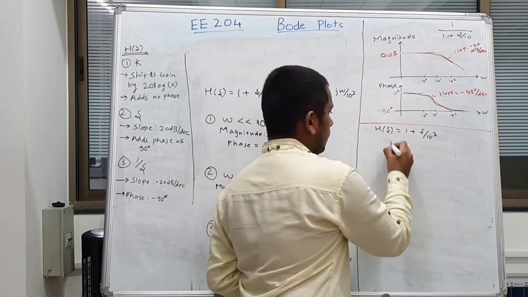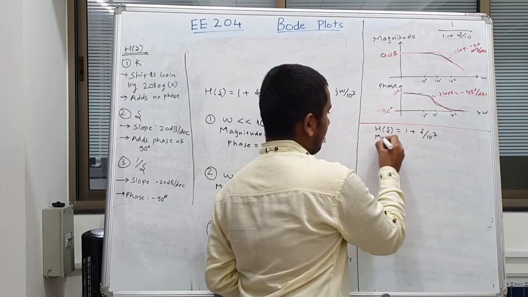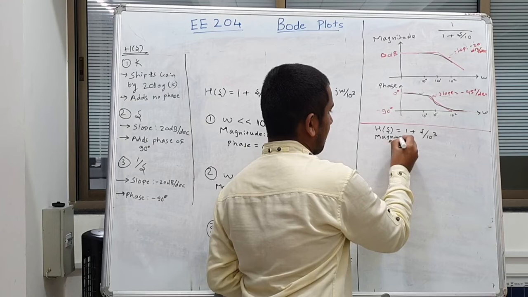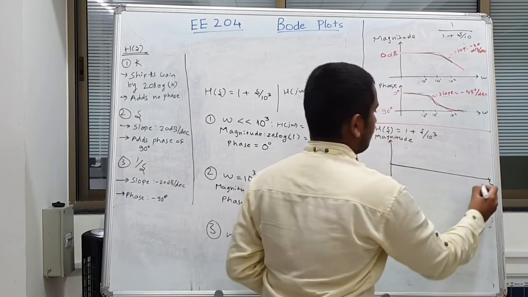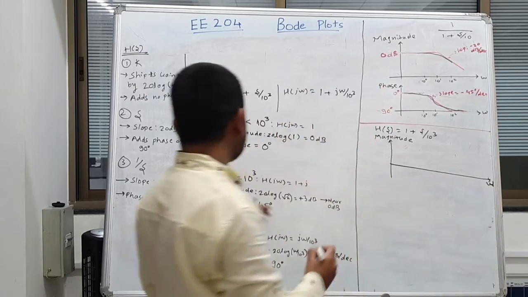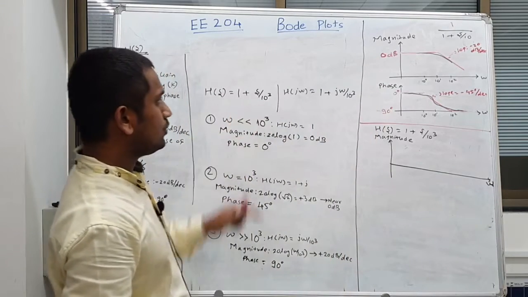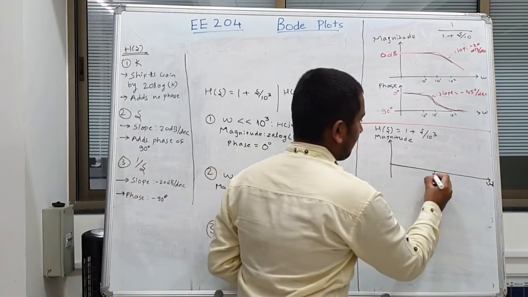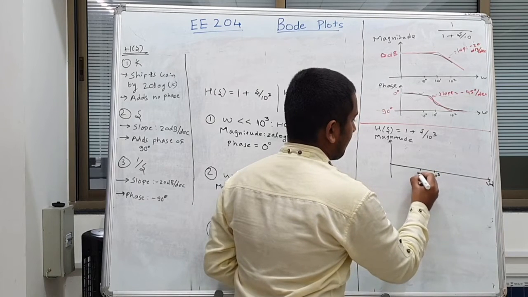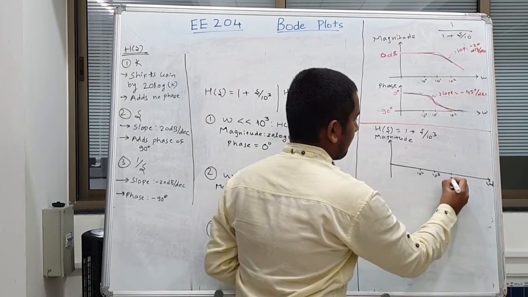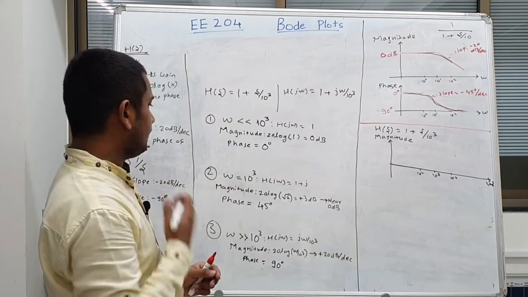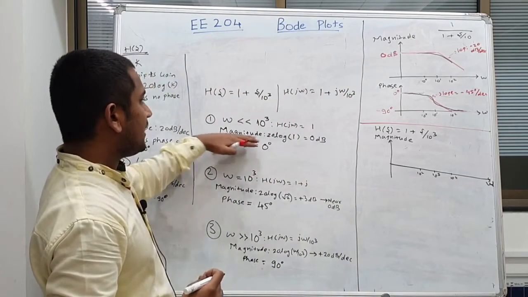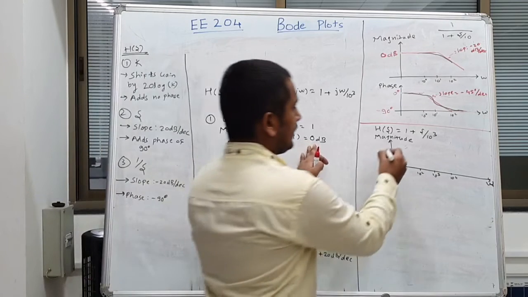The magnitude plot with frequencies near 10 to the power 3 will have magnitude of 0 dB at low frequencies.